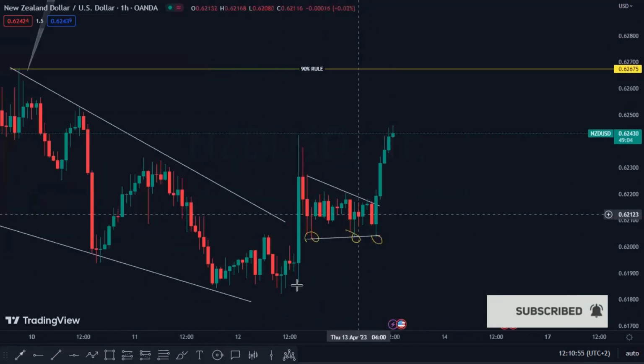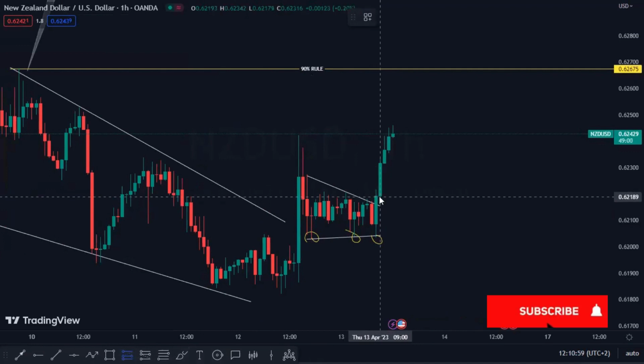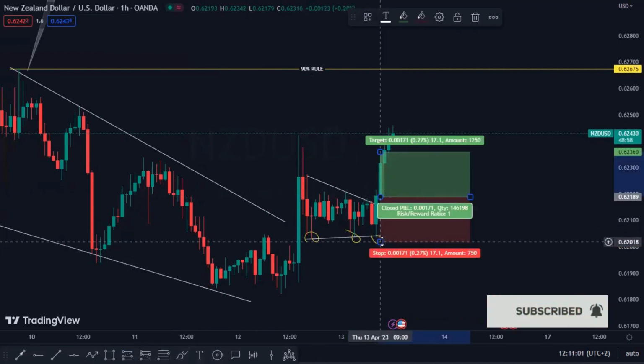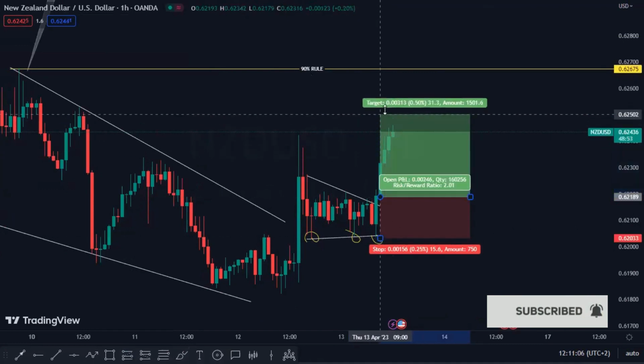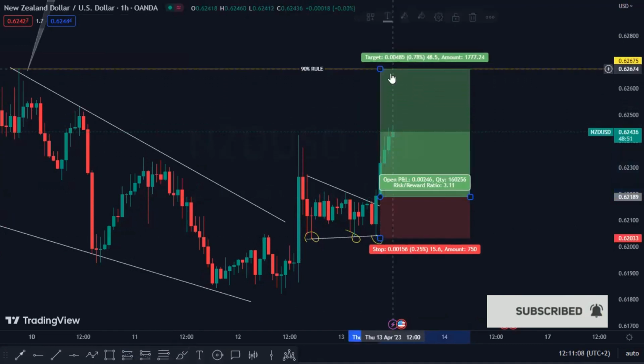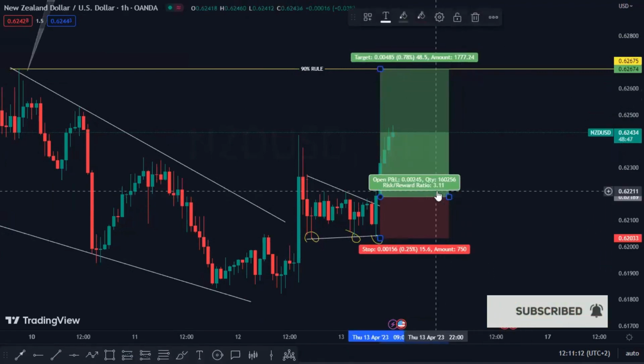So obviously we could have caught our entries somewhere around this area right over here after a breakout, obviously, with stop losses just below right over here, right? And take profit all the way to the upside. And you can quite see how we could have made a lot of profits, 3% risk to reward ratio.